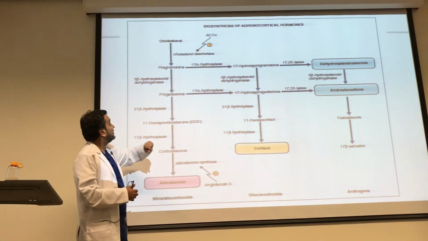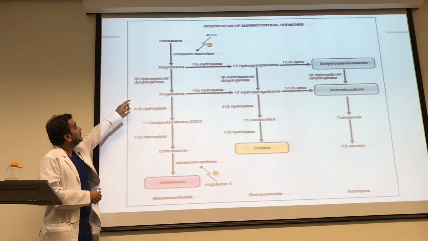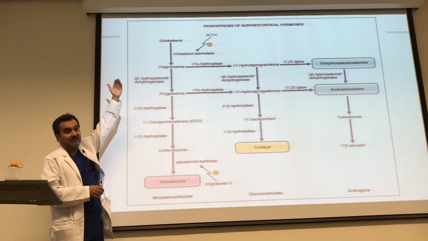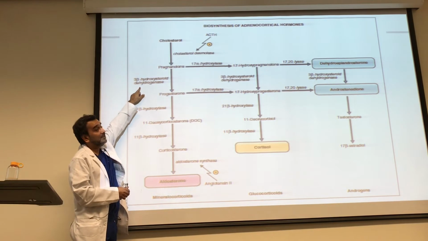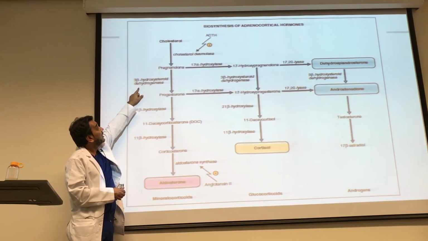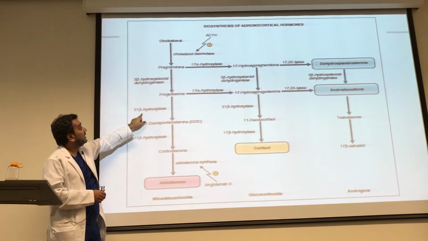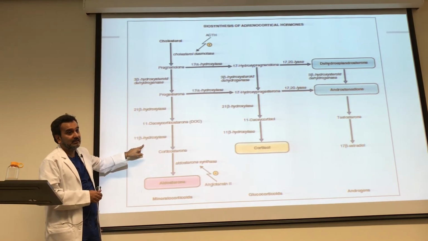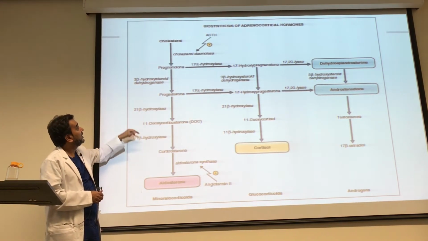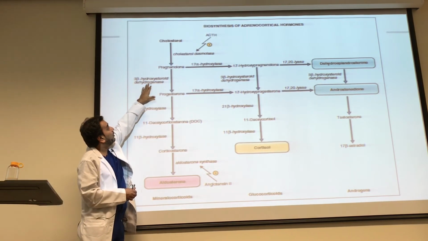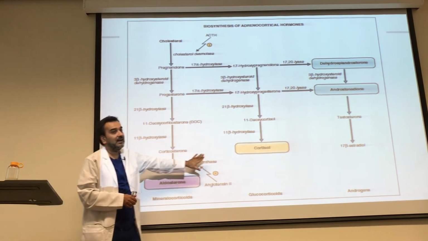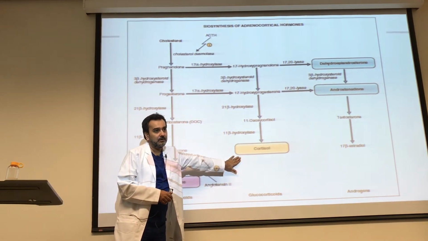The major enzymes which you need are desmolase, which is the main rate limiting enzyme. You need 3 beta hydroxysteroid dehydrogenase, you need 21 beta hydroxylase, and you need 11 beta hydroxylase. If you have deficiency of all these enzymes, the corticosterone and cortisol would not be produced.